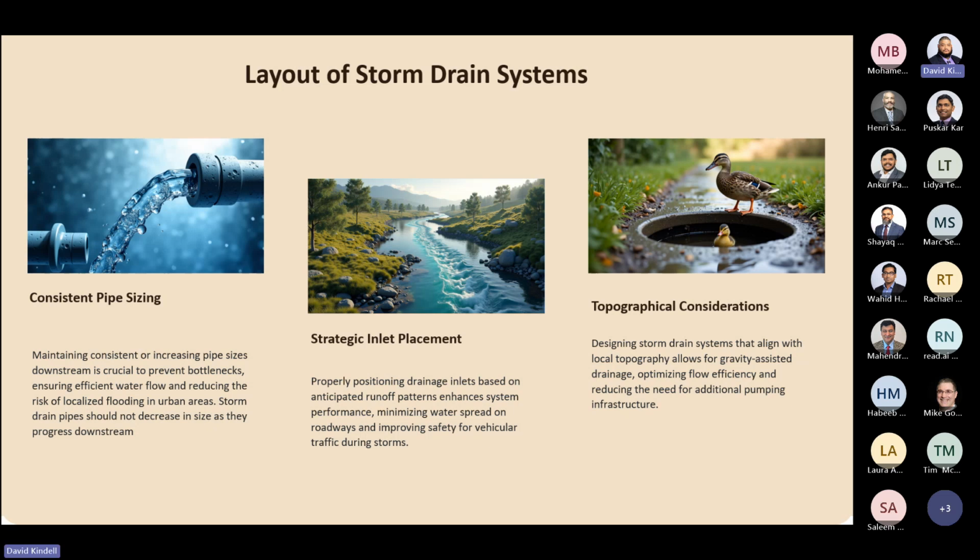And also, you have to look at the existing topo. When you design a closed storm drain system, it's going to an outfall, right? And the outfall is usually located at a low point. If we follow the system upstream, the topo goes up in elevation as well.